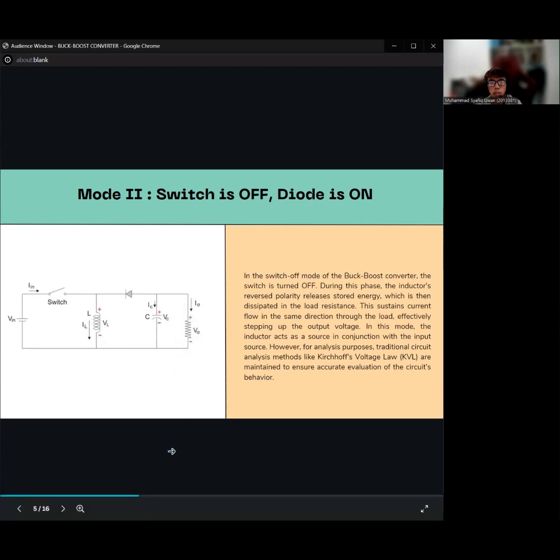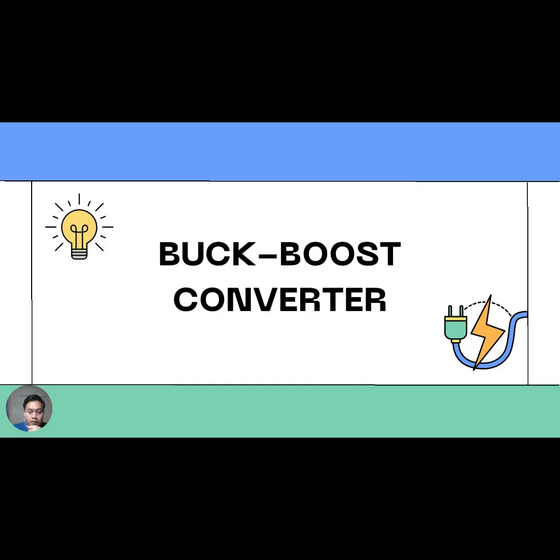This sustains current flow in the same direction through the load, effectively stepping up the output voltage. In this mode, the inductor acts as a source in conjunction with the input source. However, for analysis purposes, traditional circuit analysis like KVL, Kirchhoff's voltage law, is maintained to ensure accurate evaluation of the circuit's behavior. That's all from me.